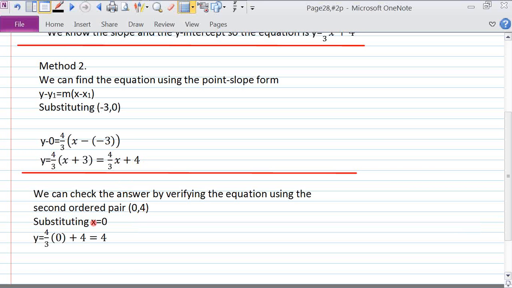Substituting x equal to 0 into this equation, we get 4/3 times 0 plus 4. 4/3 of 0 is 0, and 0 plus 4 is 4. So when x is 0, y is 4. This tells us that the equation is correct, because if we didn't have the right equation, when we chose x equal to 0, we would not get y equals 4.